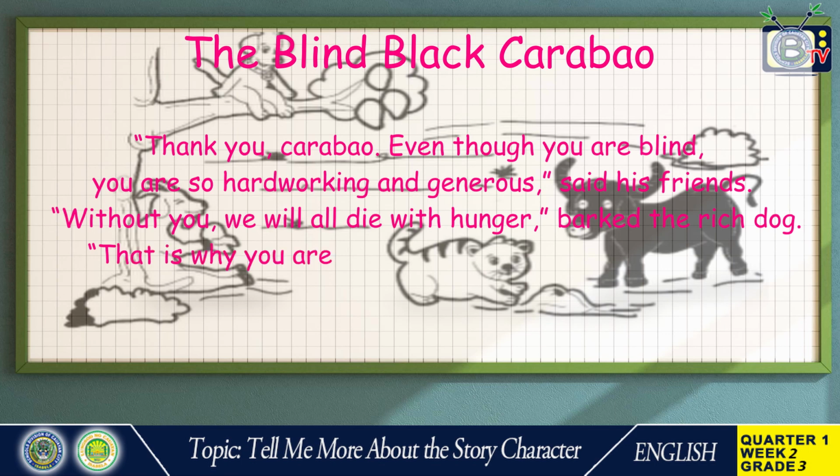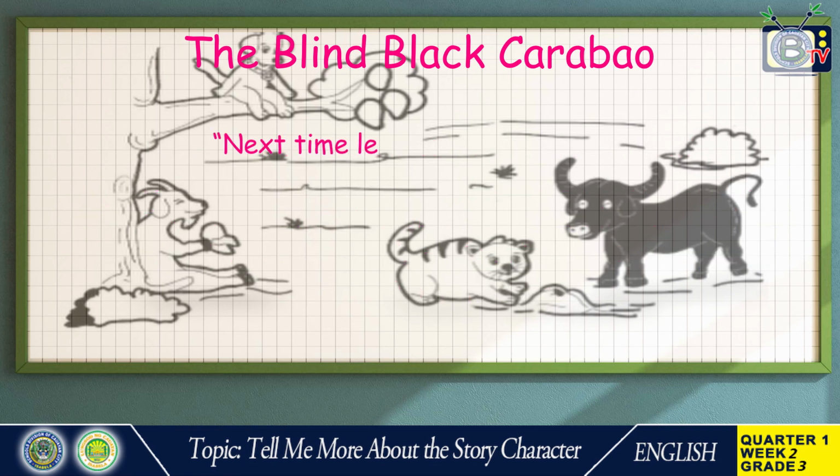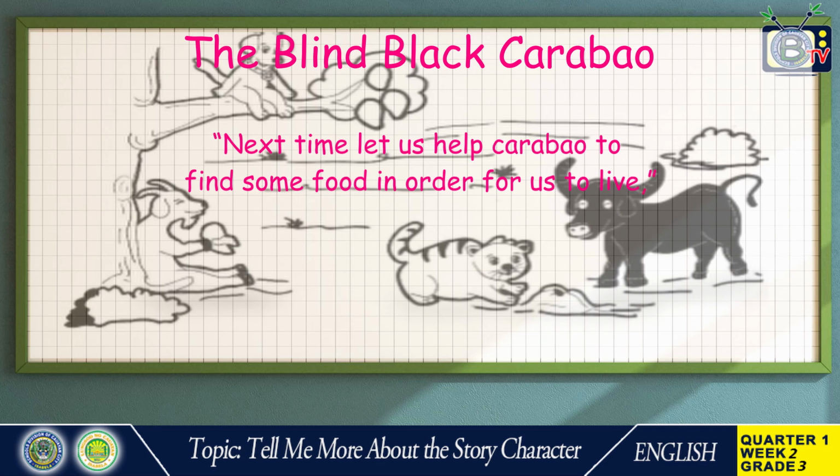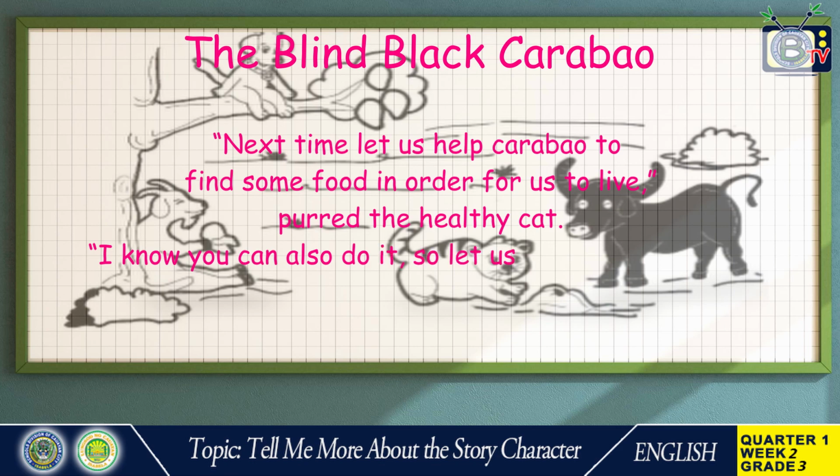"That is why you are the favorite animal of the Filipinos," shouted the selfish goat. "Next time, let us help Carabao to find some food in order for us to live," purred the healthy cat. "I know you can also do it, so let us help one another," said the Carabao.